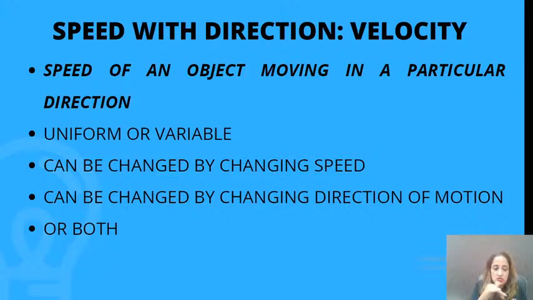If the object is just moving and moving, no matter in which direction, the distance covered divided by the total time taken is speed. But let's say an object is moving in this direction, then this direction, then this direction. This is called velocity, where we consider the total displacement.